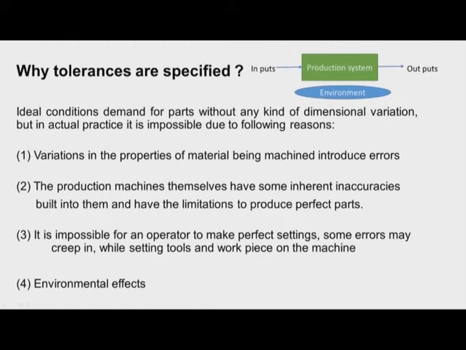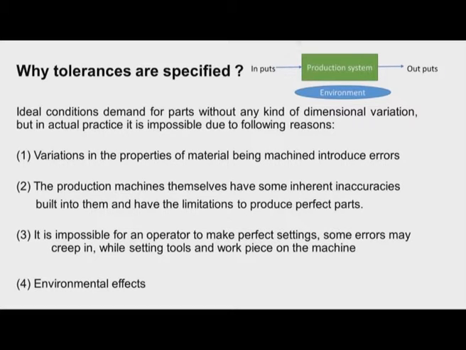Now we learnt about the tolerances, and now we will see why tolerances are specified. Now if you see this diagram, we have the production system, wherein we have various inputs like the human resource, and then machine tools, cutting tools, and then various measuring instruments, etc., the raw material.